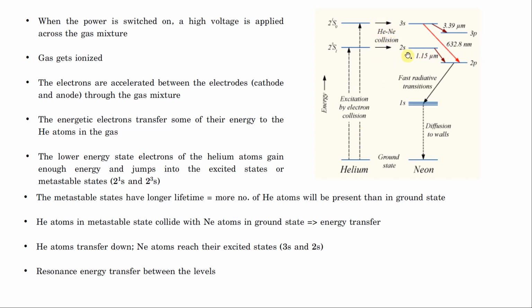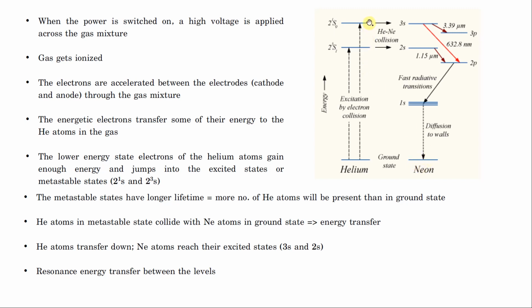I'll just repeat whatever we discussed now. We had the helium atoms initially in the ground state. They absorb the energy from the electrons produced due to the electrode discharge, go towards their metastable states of 2s and 3s, and they can stay there for a long time. This helps them to collide with the neon atoms which are in the ground state.